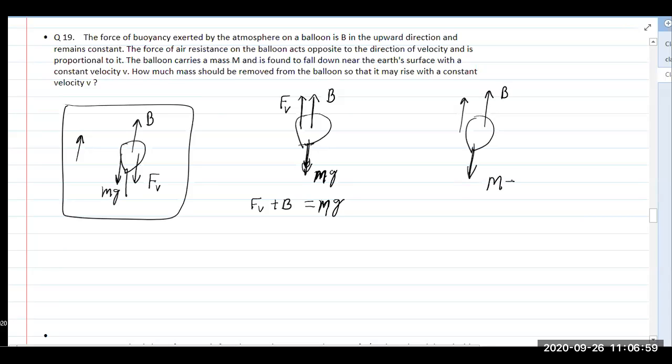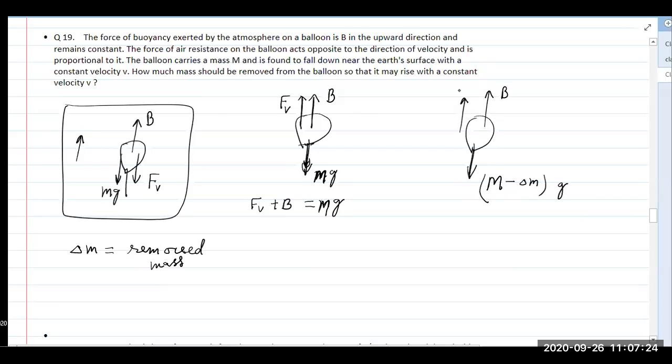But this time the mass has been removed. So suppose delta m mass has been removed. Delta m is the removed mass. So the downward force, the weight, is (M minus delta m)g, and upward is the buoyancy force.